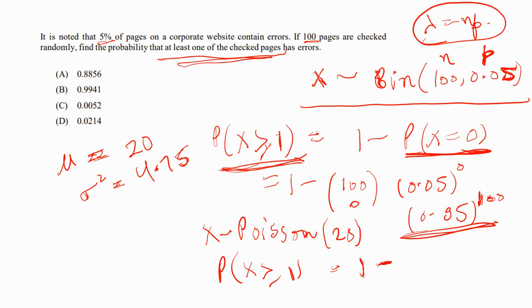Now, if you remember the Poisson distribution, f(x) is equal to e to the power minus lambda, lambda to the power x, divided by x factorial.